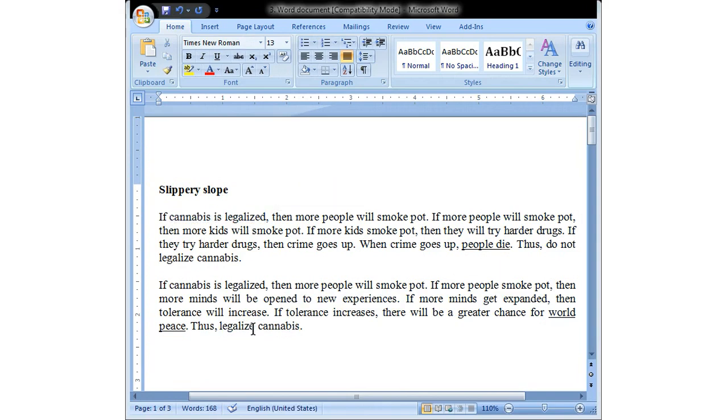But notice it's also a slippery slope. It's also cherry picking, hand picking consequences of the many possible consequences. When people do smoke more pot, it stands to reason that more kids will smoke pot. If you have pot in your household where there wasn't before and you have kids, that's a possibility that they might see it. And it's also a consequence that it does open your mind to new experiences.